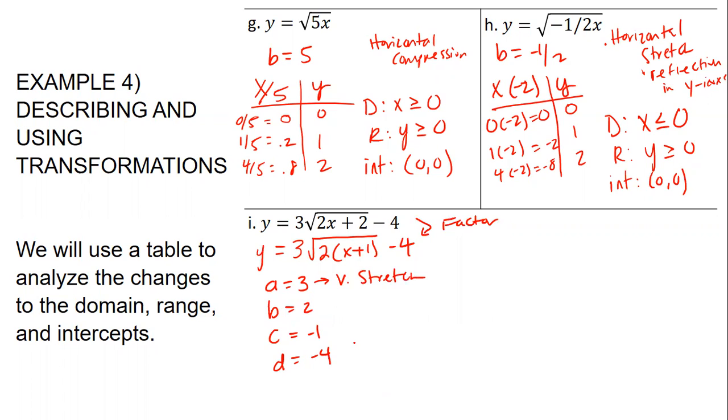Agreed? B equals 2 lets me know that this is a horizontal compression. C equals -1 lets me know that this is a shift left. I'm going to move left. And D equals -4 lets me know that the graph was shifted down.